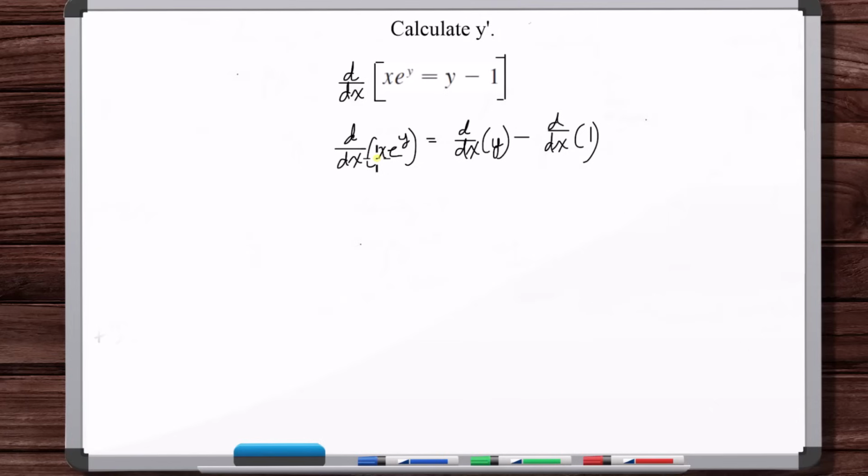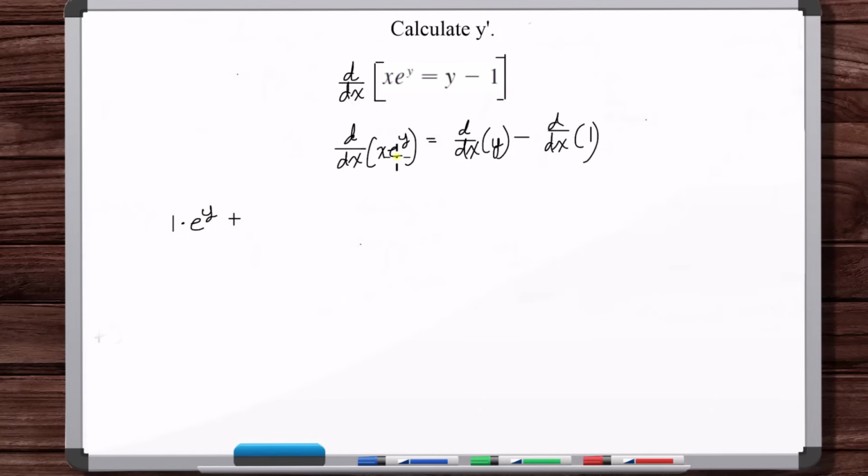What is the derivative with respect to x of x times e to the y? Well, e to the y is a function of x, right? Because we have y of x. We can use the product rule here. This is one function of x, this is another function of x. The derivative of the first, 1, times the second, plus the derivative of the second. Now we need to use the chain rule.